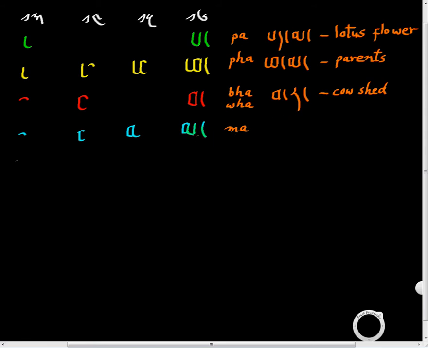And then the next letter is ma. And a very common example for beginners would be ma, ma, mama. Mama means a caregiver, a female caregiver.